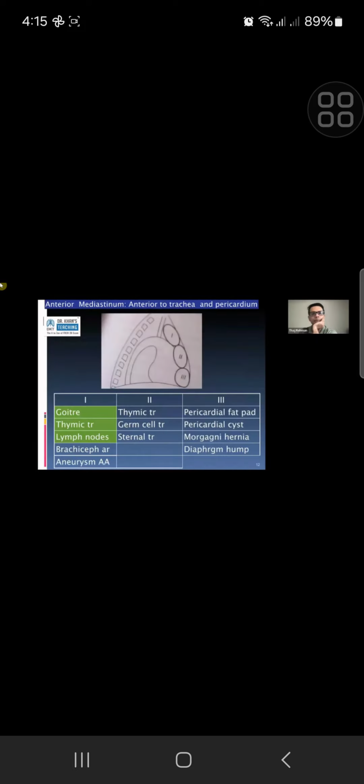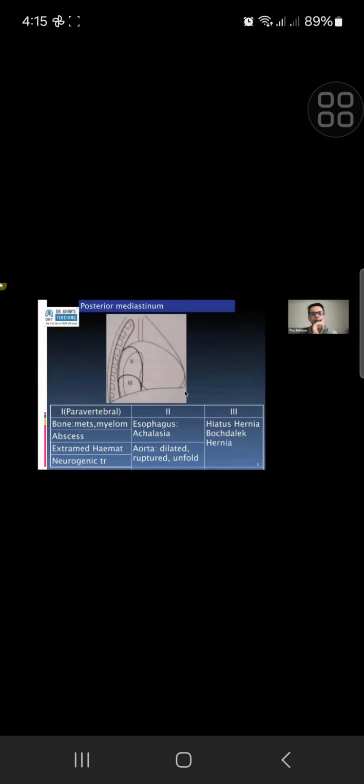If you look at the posterior mediastinum, something that's paraspinal but not in the spine and soft tissue, there are only two differentials: extramedullary hematopoiesis and neurogenic tumor. It's so simple, isn't it?